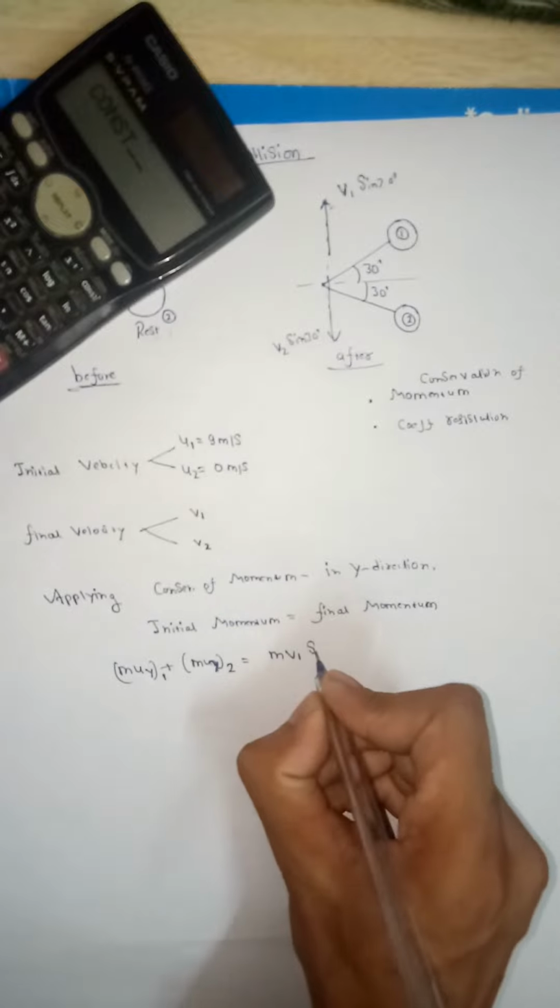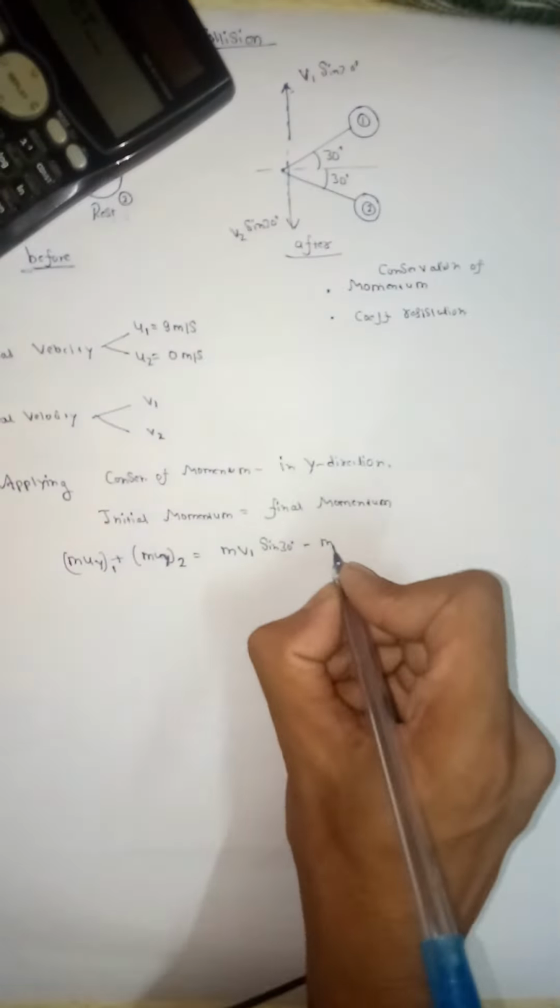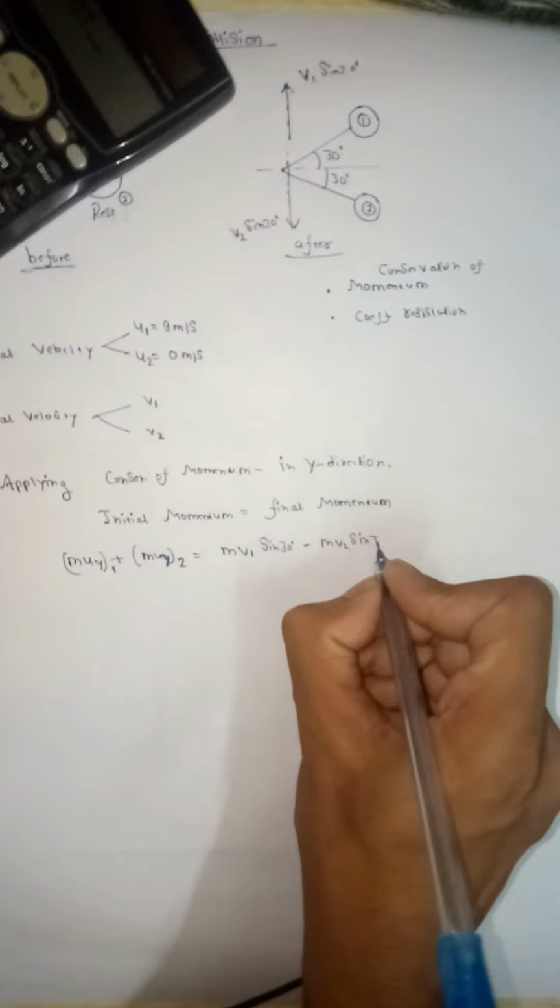So the component of velocity in y direction should be v1 sin 30 for body 1, and v2 sin 30 for body 2. Okay, understood. So m v1 sin 30 minus m v2 sin 30.